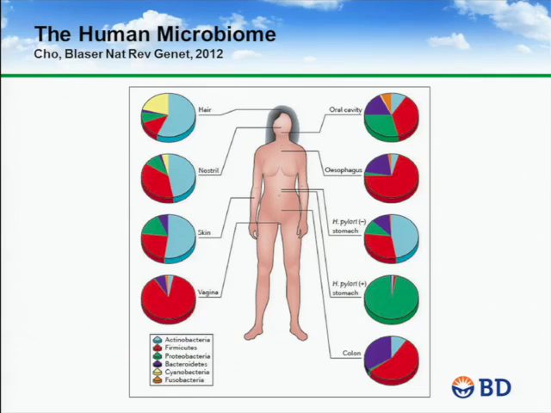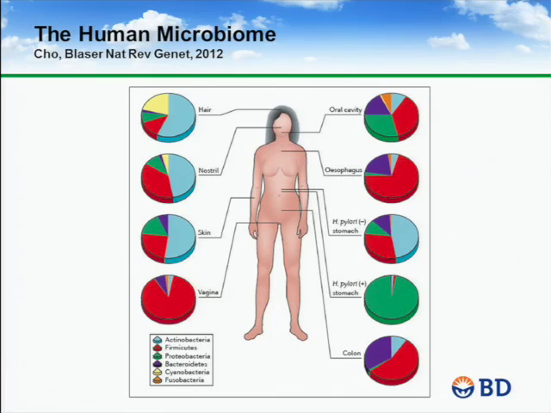Just visually, you can see that in the vagina, you have one predominant group of organisms that really is not very common in the hair. And you have a group of organisms in the hair that's not found really in any of the other samples that were looked at. What this means is that at the individual sites, there is a common group of organisms, a common family of organisms, if you will, but the individual species within that family can vary tremendously.